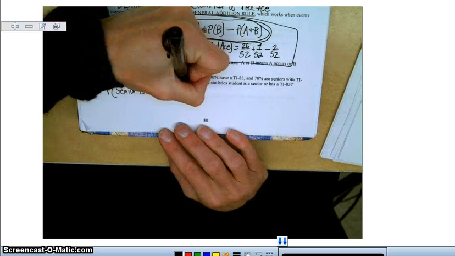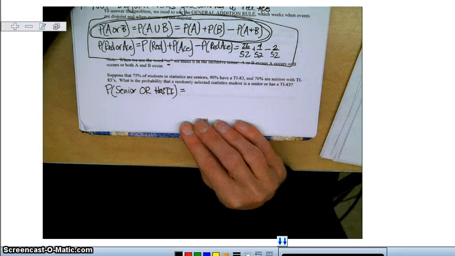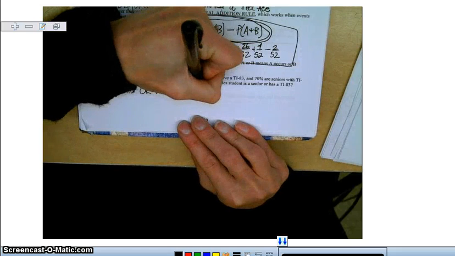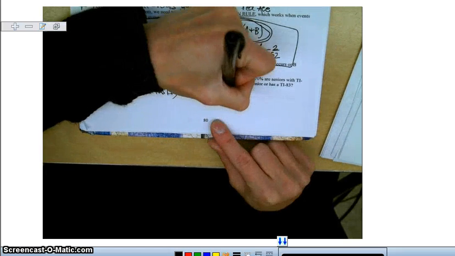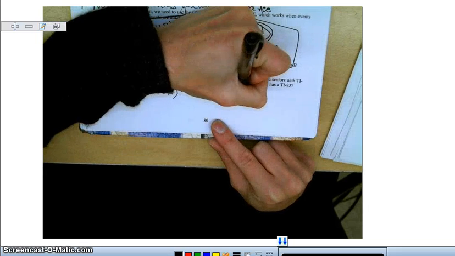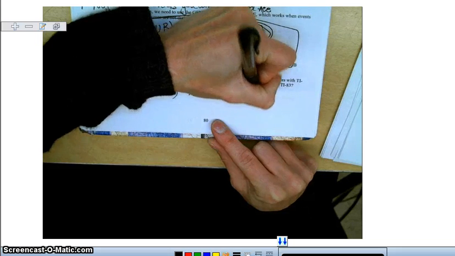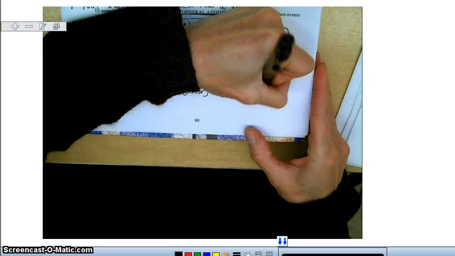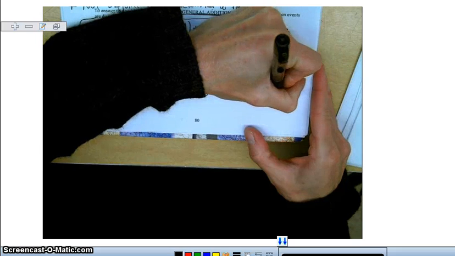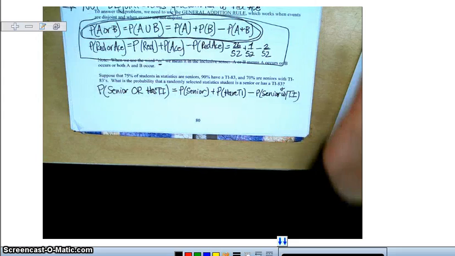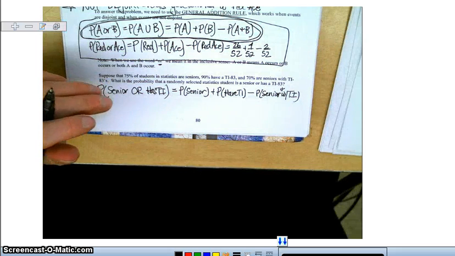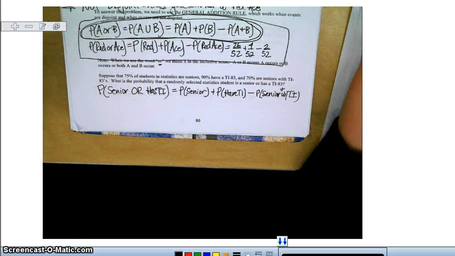So now, knowing the general addition rule, that would be the probability that you're a senior plus the probability that you have a TI minus the probability that you are a senior with the TI. Senior and you have a calculator. Because you can be a senior that has a calculator, right? You can be a senior and have a calculator, correct? Or are seniors not allowed to have calculators?